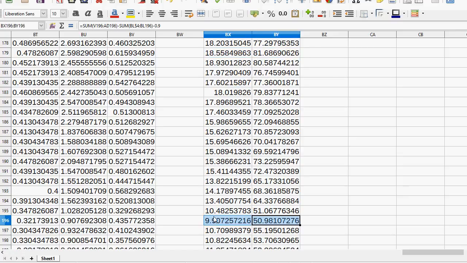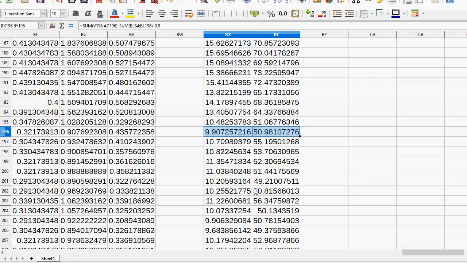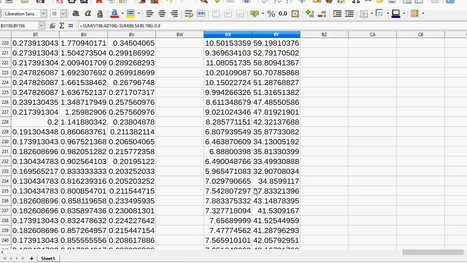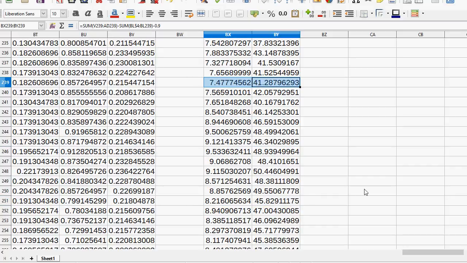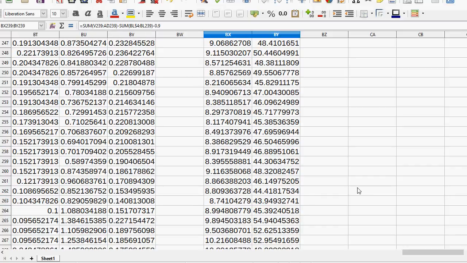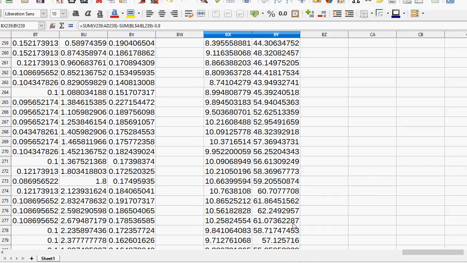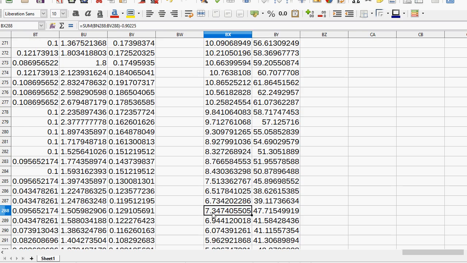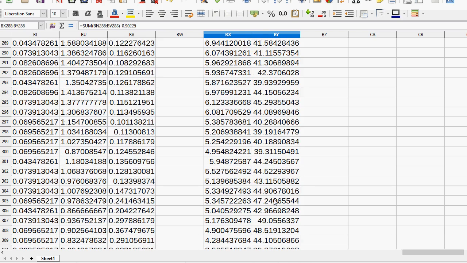Well, the other one went from 18 down to 9. And as we see further, now it's 41 divided by 7. And then 7 in comparison. And here it is 7 again, 47 on this side.